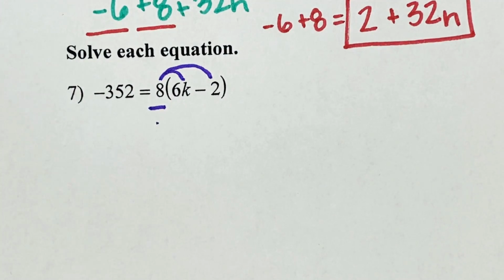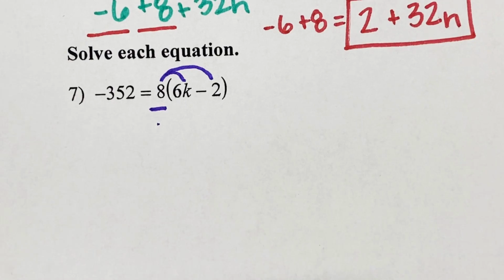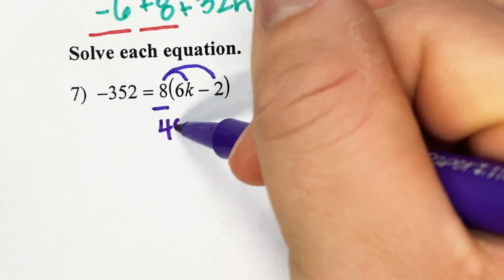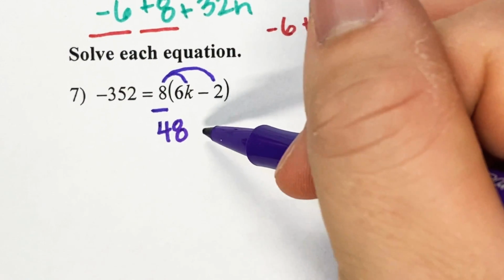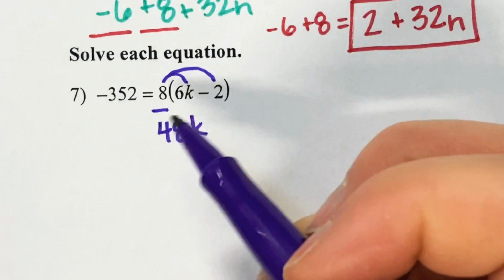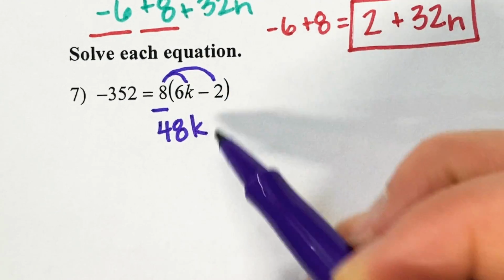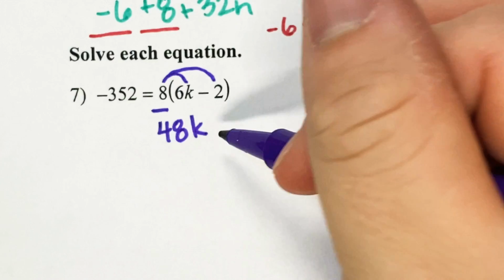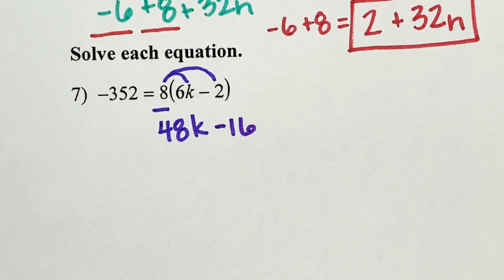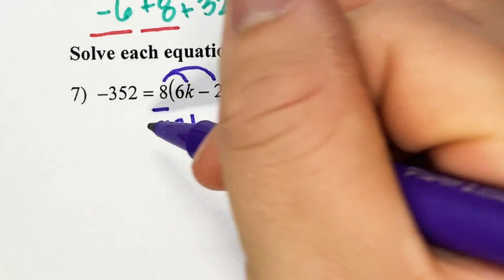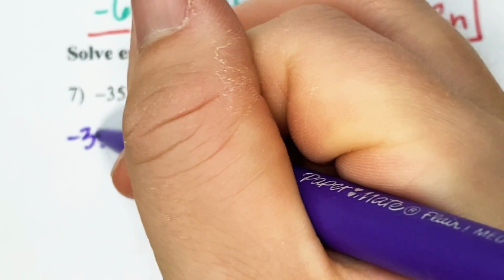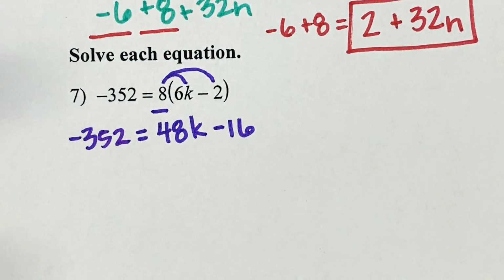Actually, I'm going to check on the calculator. 8 times 6, that gives me 48. There was 1k being multiplied, so 48k. Then 8 times -2 is going to give me -16. Okay, we got rid of our parentheses, so just write your equal sign, and -352 is on the other side.